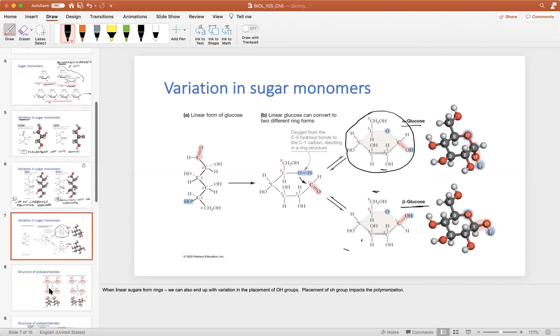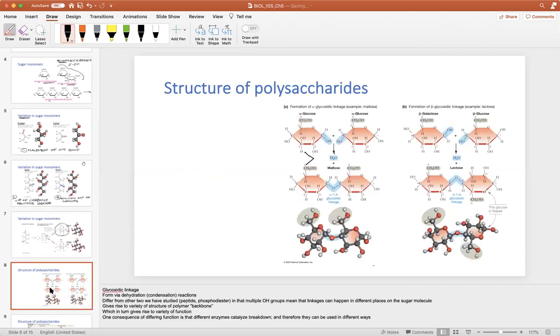And why is that, you say? Well, let's look here. If we have 2 alpha glucose molecules linking up with one another to form a chain, can you see that we have a V shape, right? If you have a beta and a beta, you end up with an A shape. So you end up with differently shaped bonds once you start linking these things together.